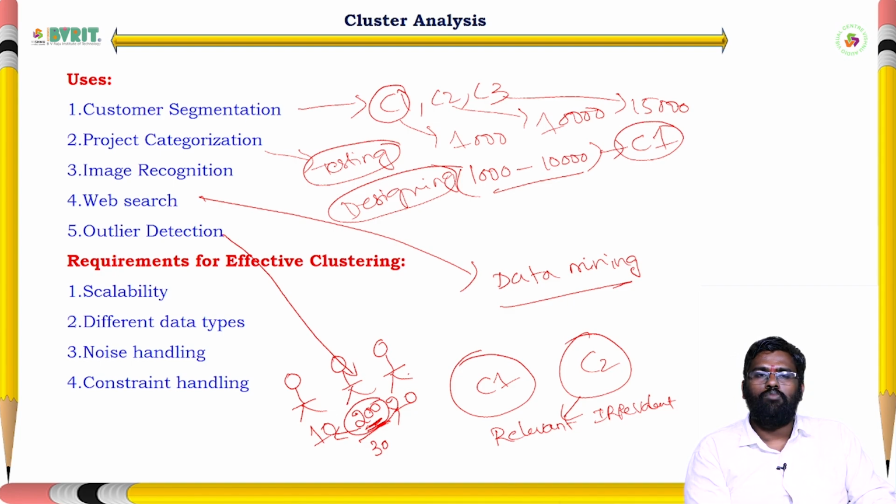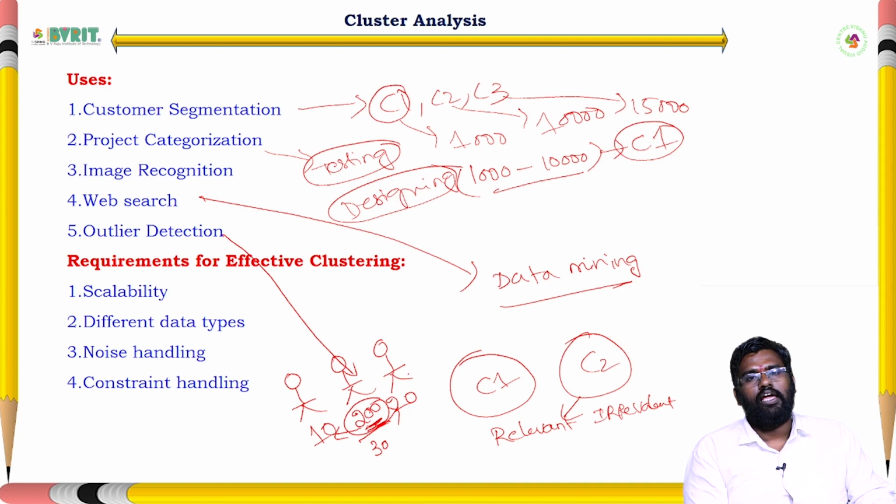Now, what are the requirements to implement effective clustering? First one, scalability. That means it should take a large amount of data and analyze it in a scalable format. Then, different types of data need to be handled. Next, noise handling. If there is any noise, inconsistent data or missing data, that needs to be removed from the structure.